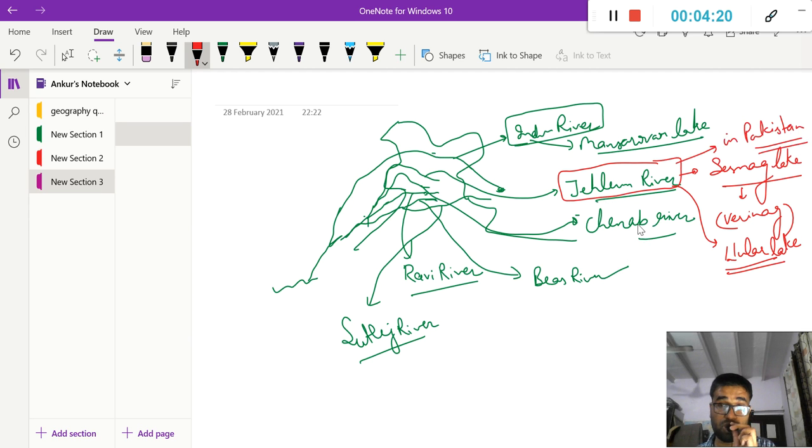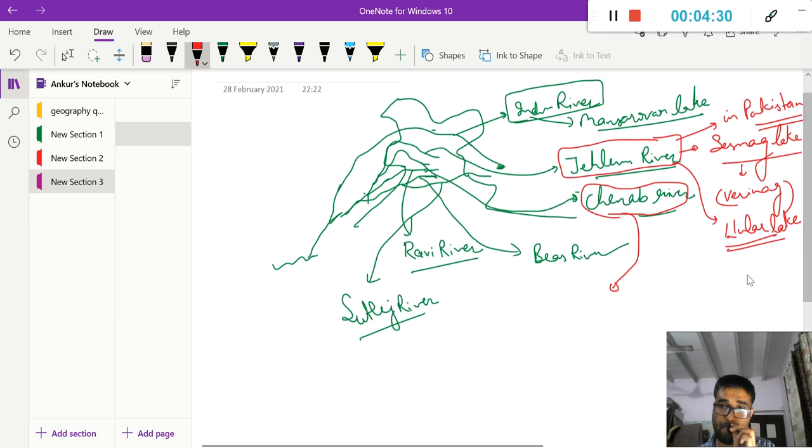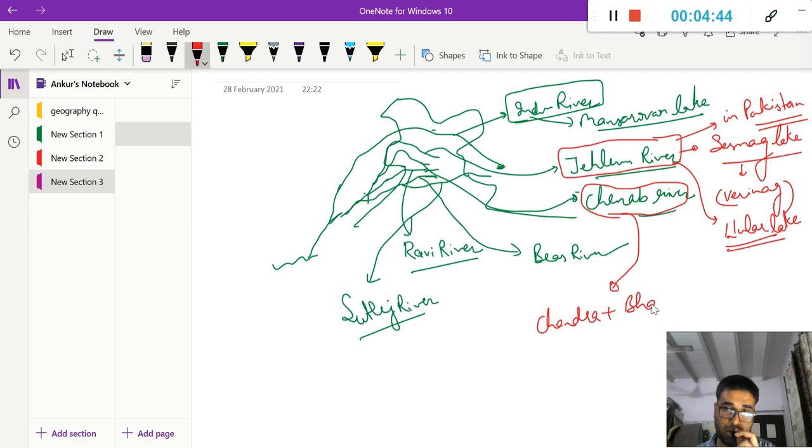Moving on to the second tributary of the Indus River, the Chenab River. Chenab River is basically a combination of 2 rivers, Chandra and Bhaga. So Chandra plus Bhaga, these 2 rivers join to form the Chenab River.